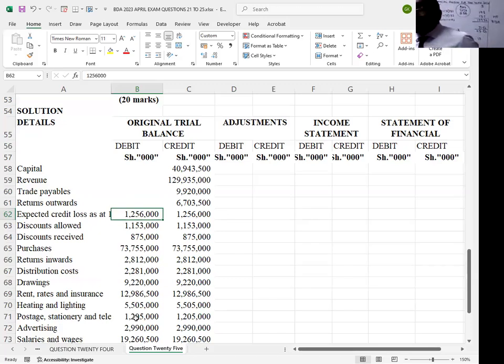Good people, financial accounting. Expected credit loss is a credit because this represents amounts that our customers have failed to pay us, and therefore it serves to reduce the receivables. So if it reduces the receivables, it is a credit balance.